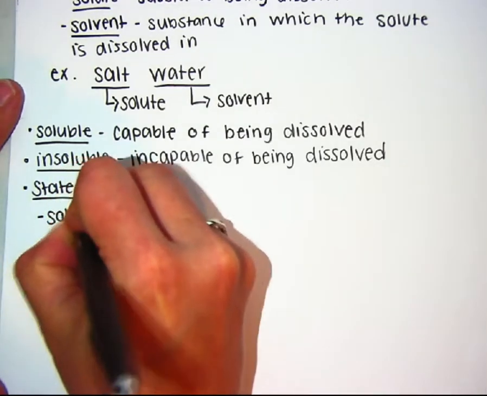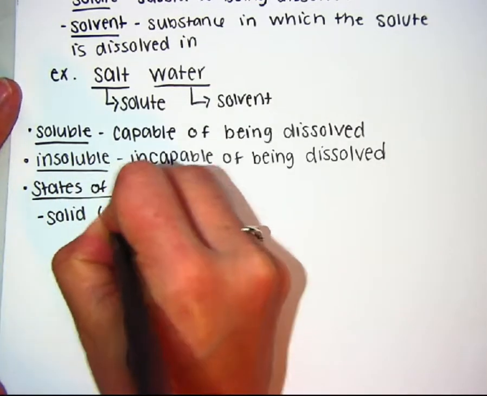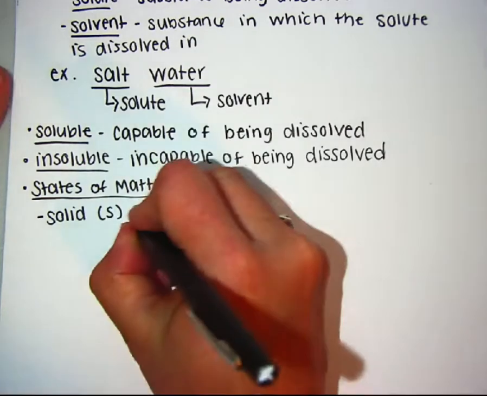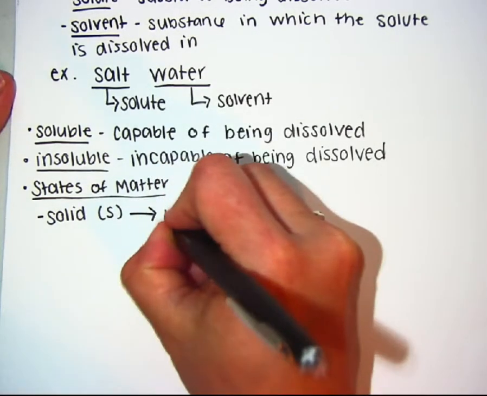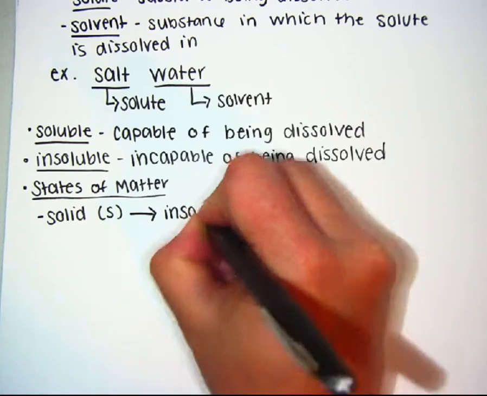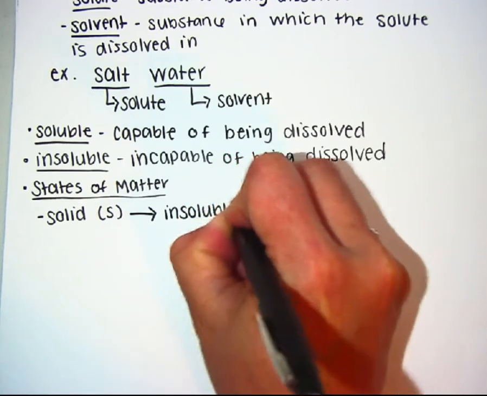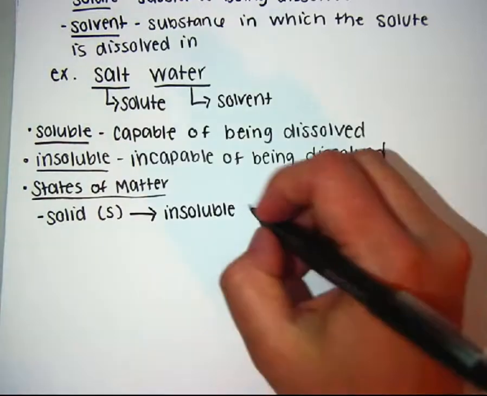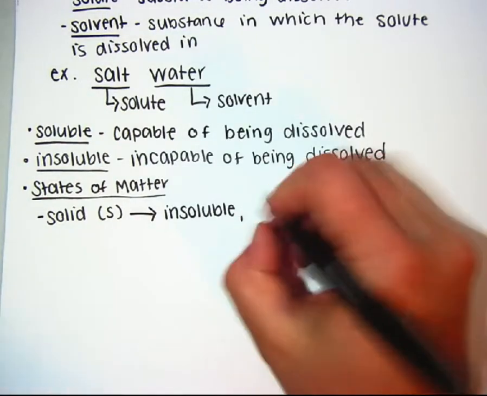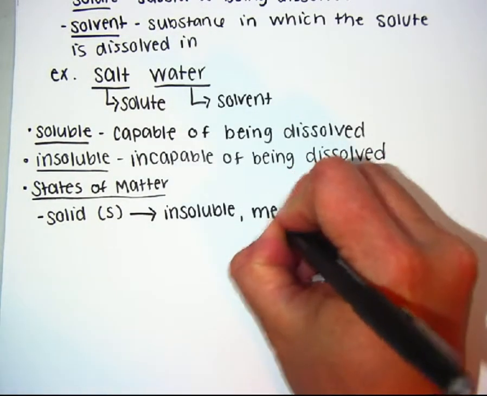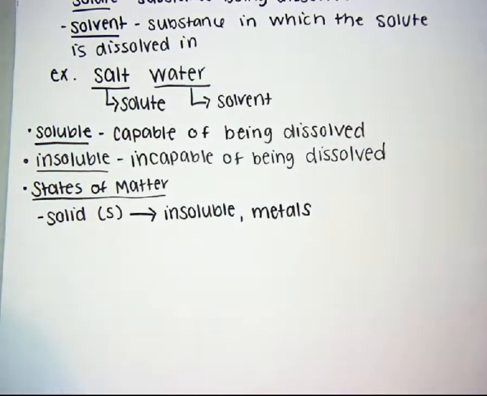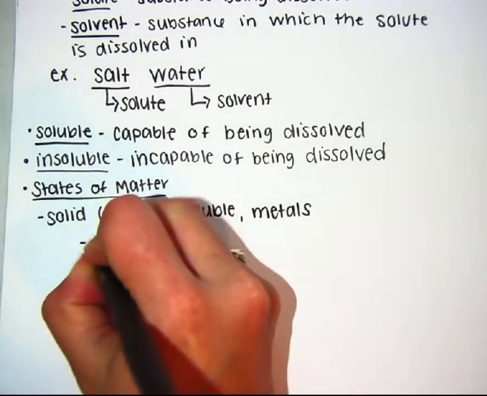If it is a solid, we would put an S. We would use this for an ionic compound that is insoluble. Also for metals.